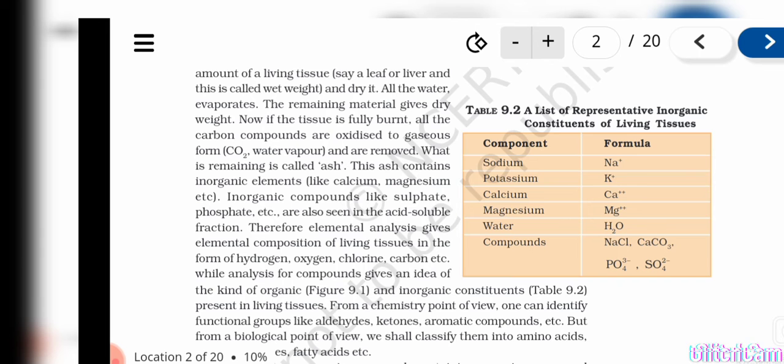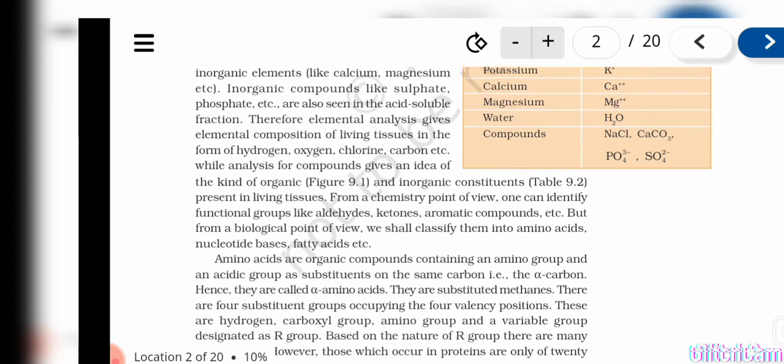So elemental analysis will give you what kind of elements are there in the tissues, like hydrogen, oxygen, chlorine, carbon, etc. And compound analysis will give an idea of what kind of organic and inorganic constituents are present.